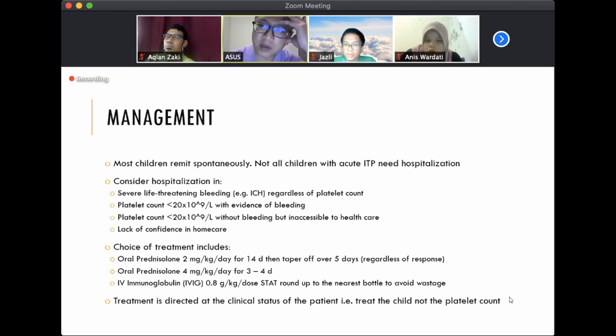PT, APTT, INR, all three you want to do? Right? It doesn't come automatically. If you don't request INR, they will not do INR. You shouldn't do INR for this condition because this patient is not on warfarin. If the patient is on warfarin, you just do INR. Why do PT, PTT, all three together? All these tests come with cost.